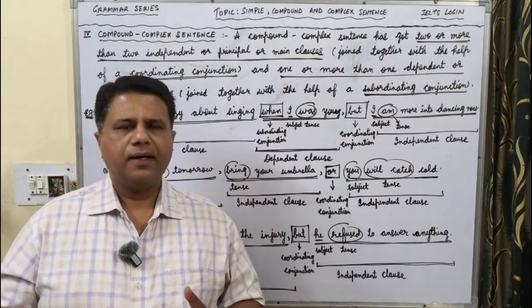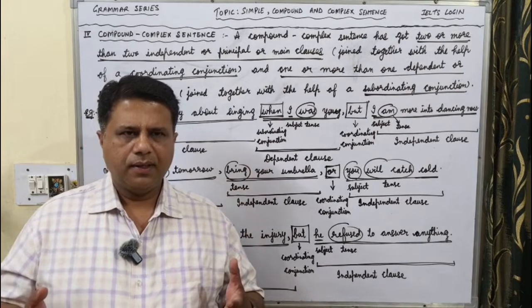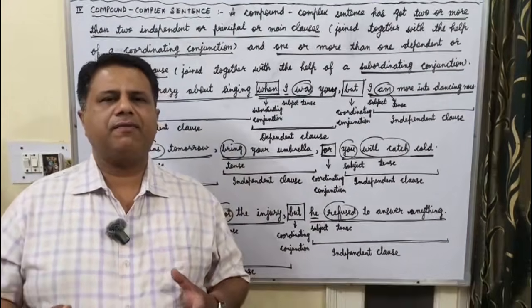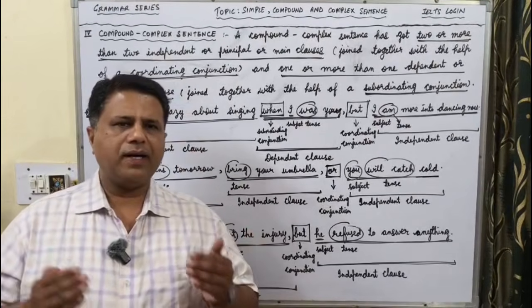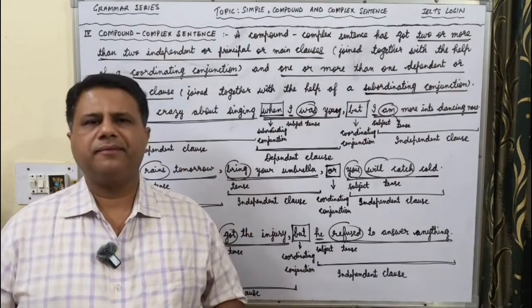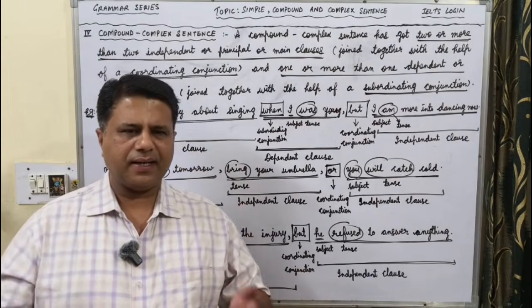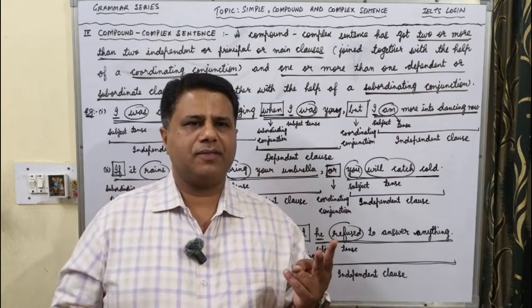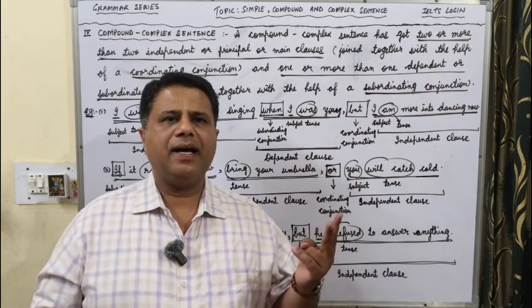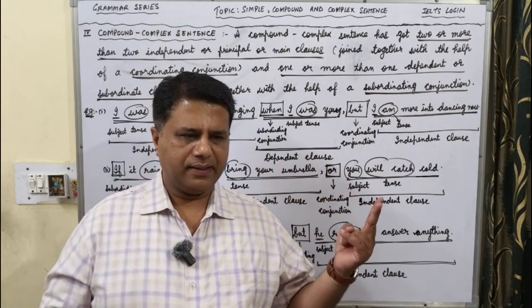This might be a new topic for most of you, but it's very interesting and it will also help us in understanding compound and complex sentences even better. So let's get started. A compound sentence has two independent clauses joined together with the help of a coordinating conjunction.